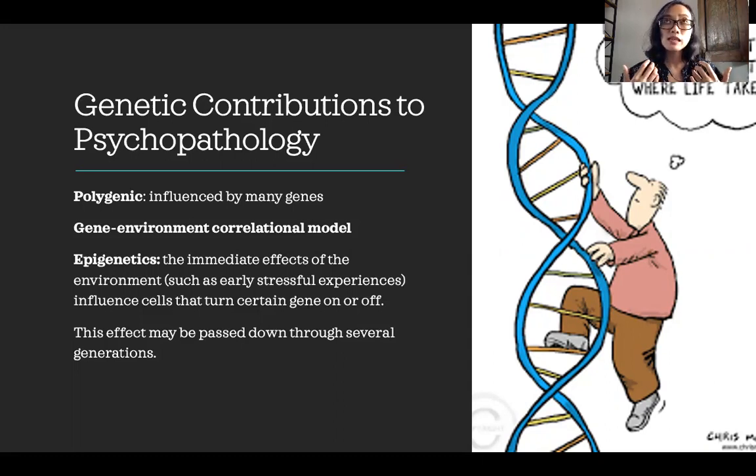It plays an important role in the development of mental disorder. So it's almost the same as the diathesis-stress model. According to epigenetics theory, the immediate effects of the environment influence the cells, the DNA, that turn certain genes on or off. And this effect may be passed down through several generations.